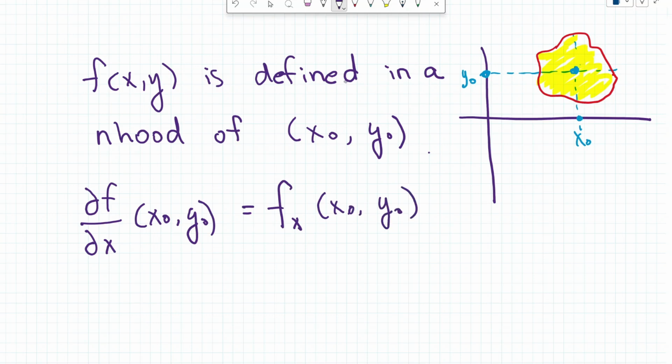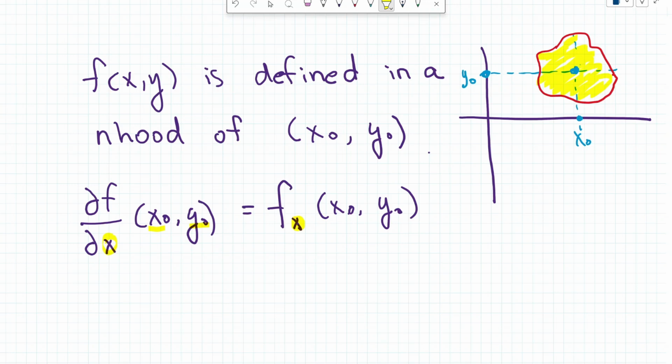So this just tells us that we're taking the partial derivative of f with respect to x at some point specified, x0 and y0. And this over here is an alternative notation that indicates the first partial derivative. So we have our f, and then we have this sub x.